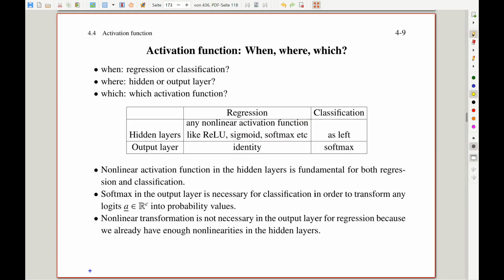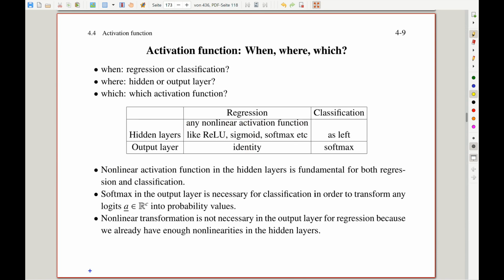We just output the activation value A without any additional nonlinear transform. The reason is very simple: we already have enough nonlinearities in the hidden layer. There is no need to apply additional nonlinear activation functions in the output layer. We can keep the output layer as simple as possible, provided we have at least one or multiple hidden layers with a nonlinear behavior.